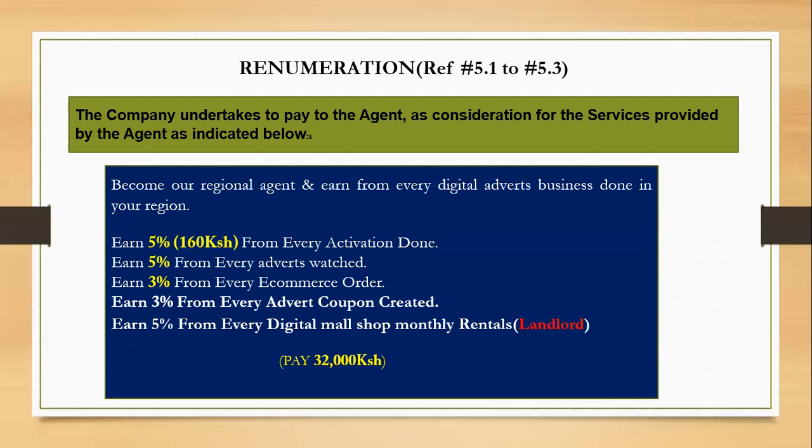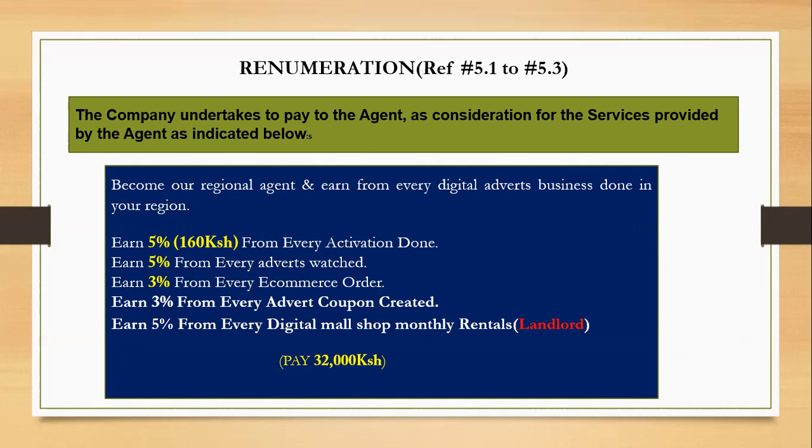But a regional agent who doubles as a landlord will also earn 5% from every digital mall, shop, or store monthly rentals. I'll be breaking this down in the next slides.